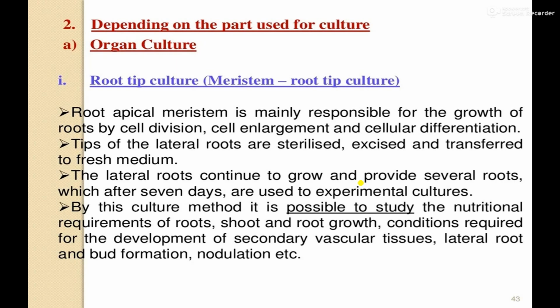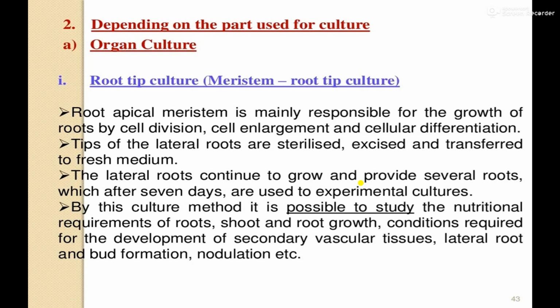Root apical meristem is mainly responsible for the growth of roots by cell division, cell enlargement, and cellular differentiation. Tips of the lateral roots are sterilized, excised, and transferred to fresh medium. The lateral roots continue to grow and provide several roots which after 7 days are used for experimental cultures.